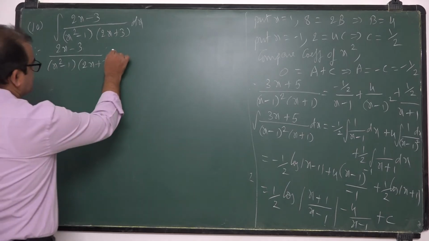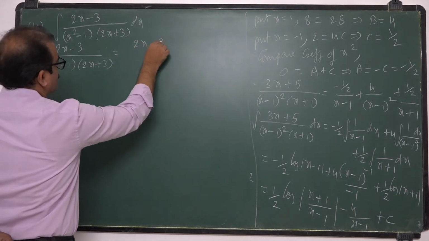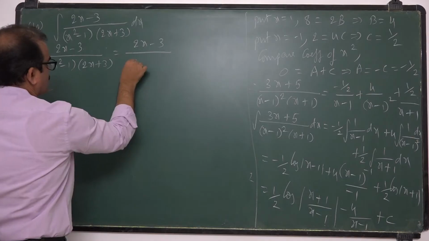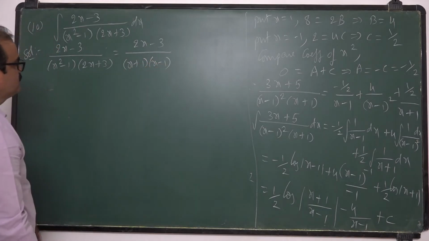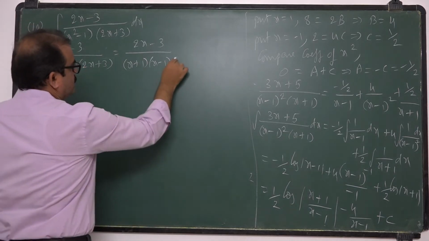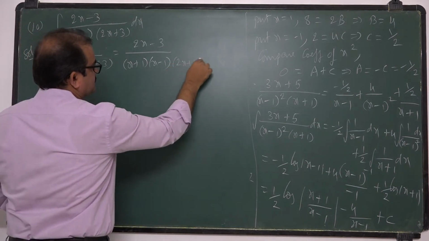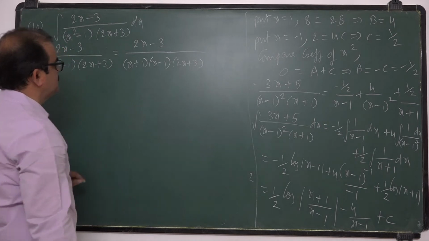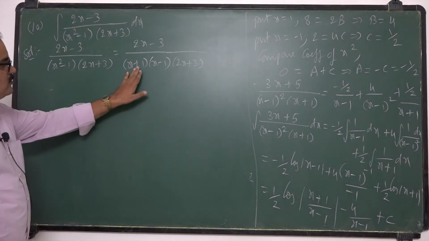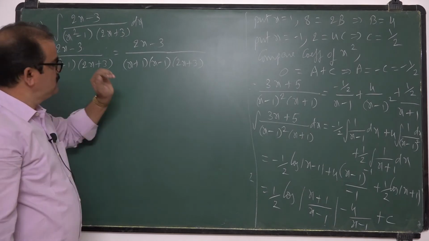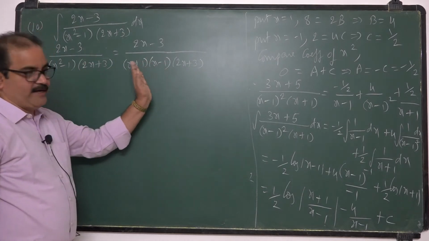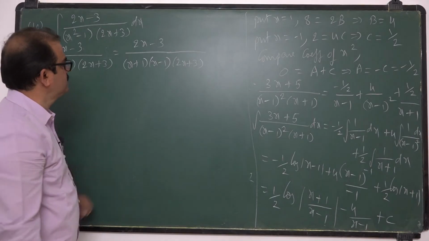So write it as x plus 1 into x minus 1 into 2x plus 3. Now all these three are linear factors. Find the partial fractions.